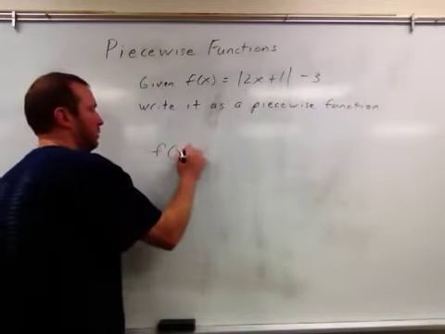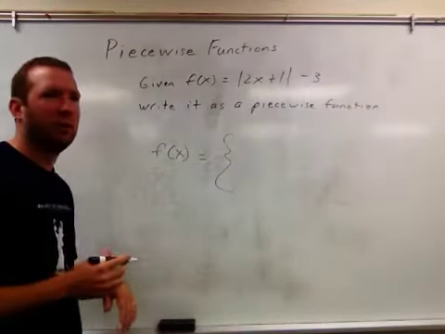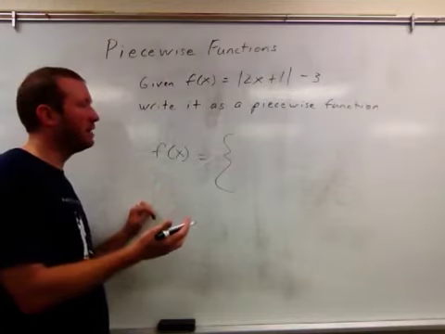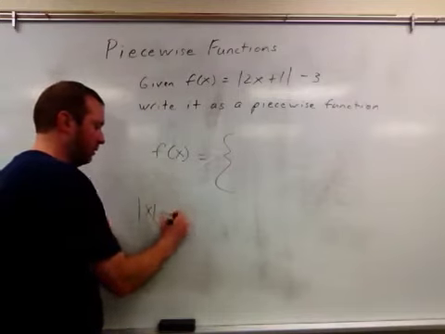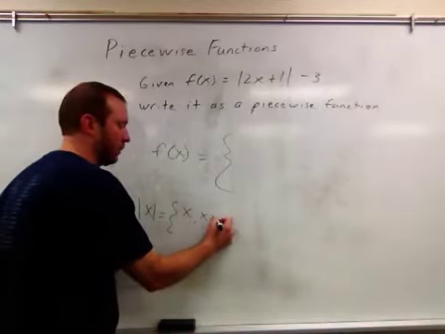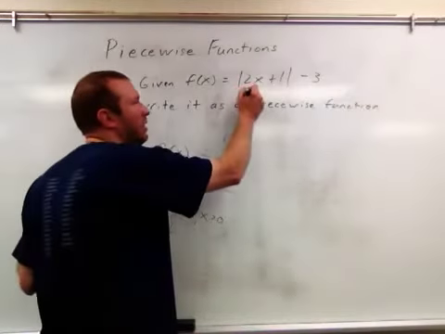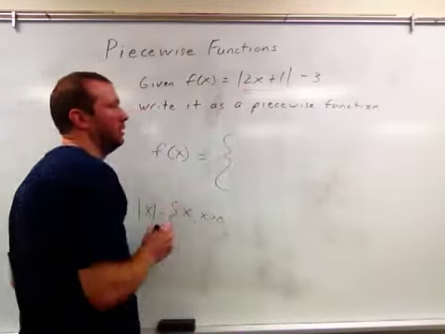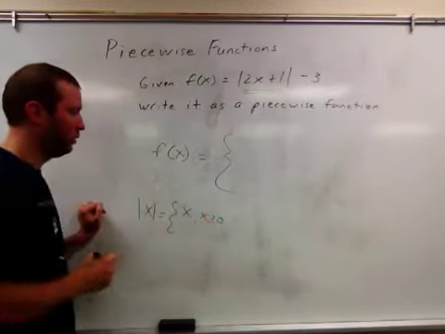So f of x is equal to, and it's going to have two parts to it. The first part, if we remember back to that definition of absolute value of x equal x, provided that x was positive. So we're going to look at if x is positive, in essence, if this piece in here is positive, or greater than or equal to 0.